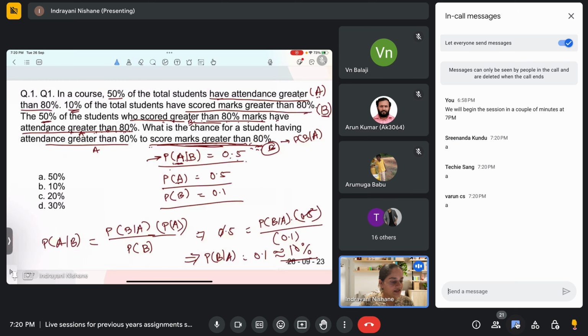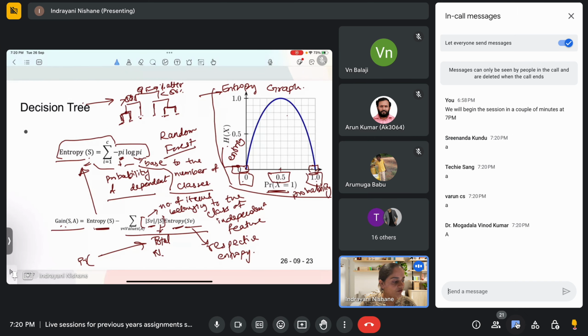If you recall this graph, this is the entropy graph for probability values 0 and 1. Because we are calculating the log of that value, this will give us a value of 0, and it is maximum at 0.5, which is 1. Entropy gives us an idea about how random our data is.